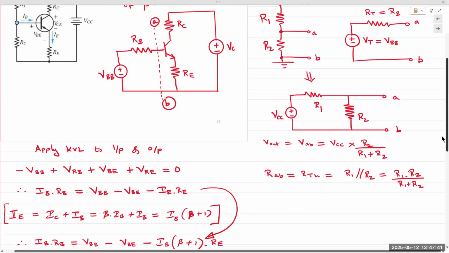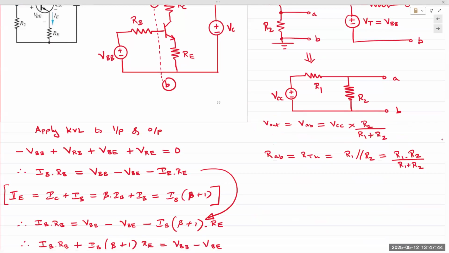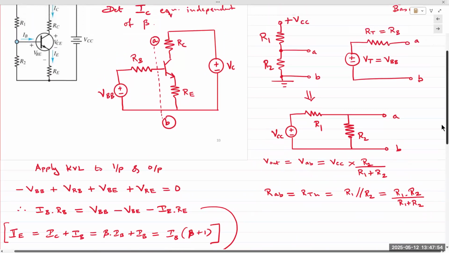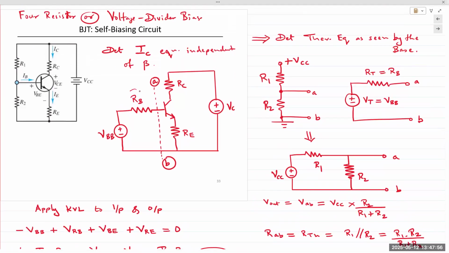And then RB is the Thevenin resistance as seen from the perspective of the base. That turns out to be R1 in parallel with R2, so RB is the parallel combination of R1 and R2.